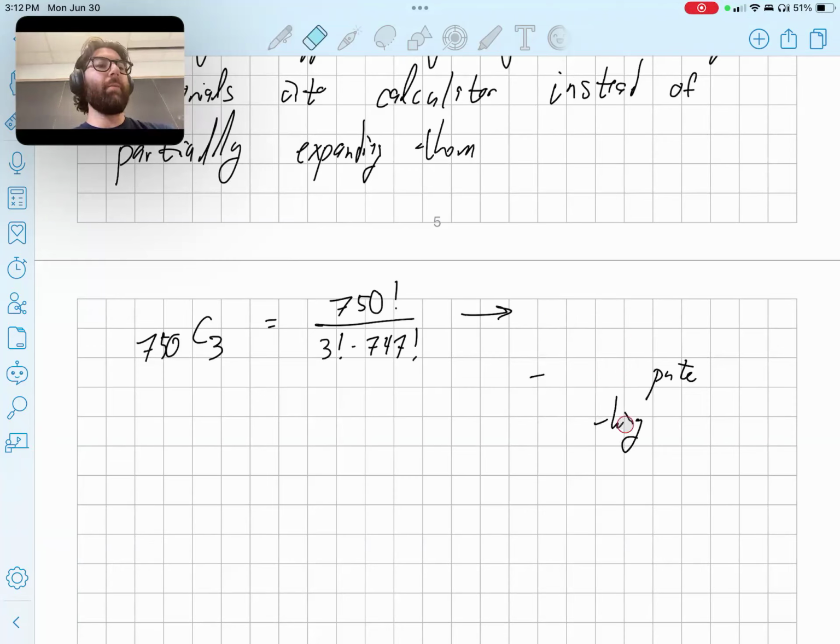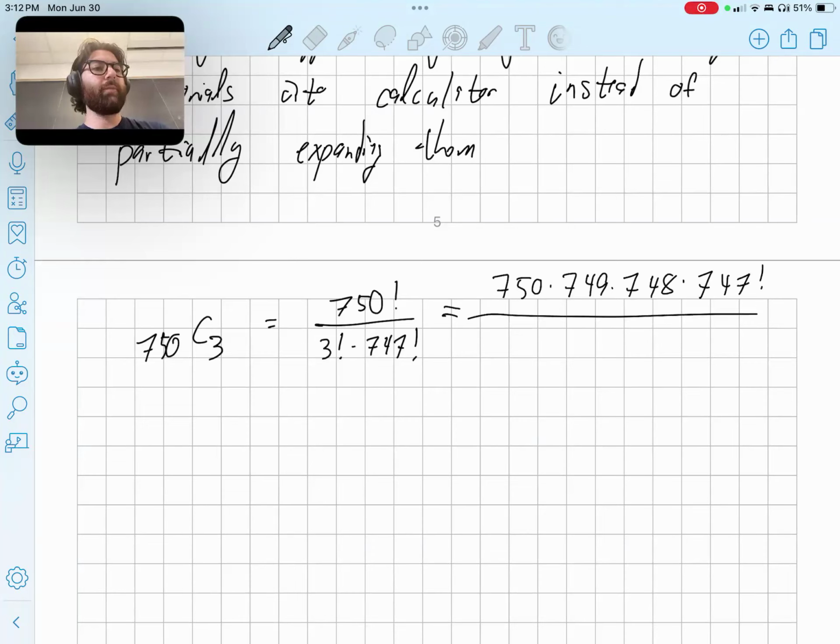You're going to want to partially expand this 750. So that's 750 times 749 times 748 times 747 factorial. Cancel these, and then you can start putting things into your calculator.